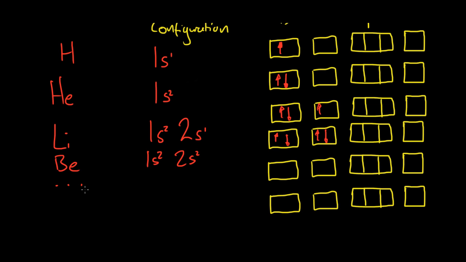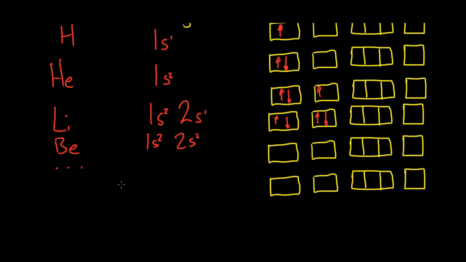And then we can fast forward a little bit to an element like carbon. So carbon has its 1s orbital full, its 2s orbital full, but then it's got more electrons. So we look back up, we remember the 2 energy level has s's and p's in it, so it begins to fill the next lowest energy level, which is the 2p orbital.